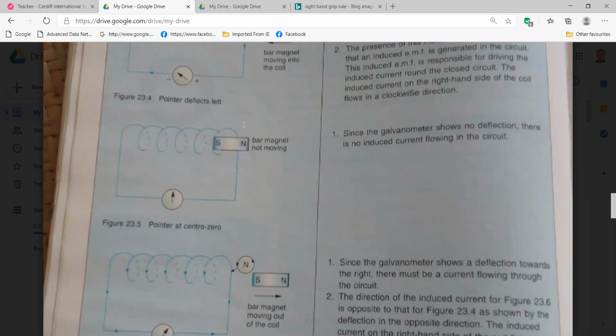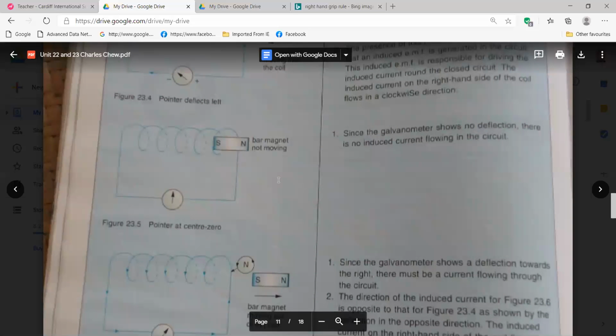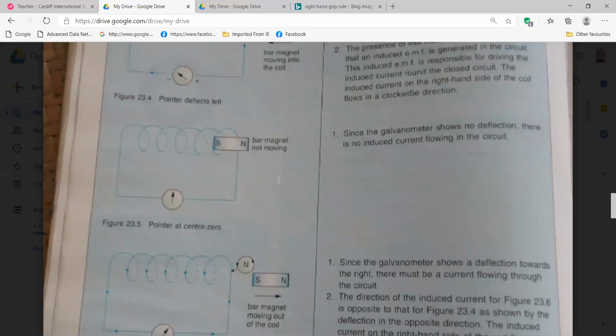In today's discussion at the beginning, I told you that in a generator or Fleming's right-hand rule, we are getting electricity or induced EMF from kinetic energy. That means we need movement. If this magnet is not moving, that means the magnetic field lines of this magnet are not cut by the coil.